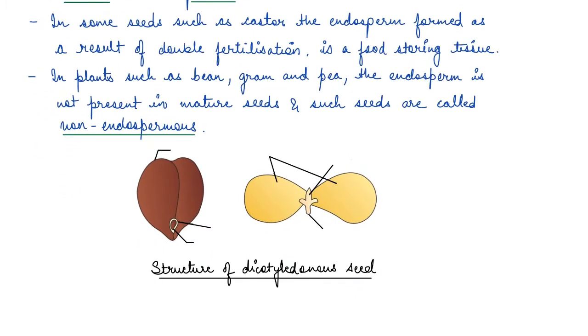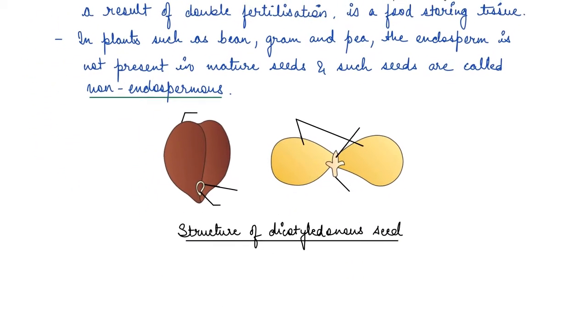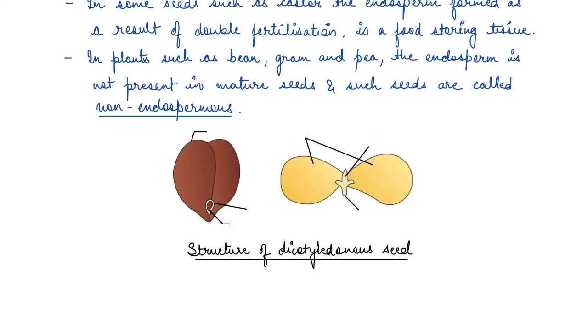And if you see the diagram here, this is the structure of a dicot seed. Here you can see the seed coat, right? This pore is the micropyle. It helps in germination. And the scar, which attaches the seed to the fruit, is the hilum.